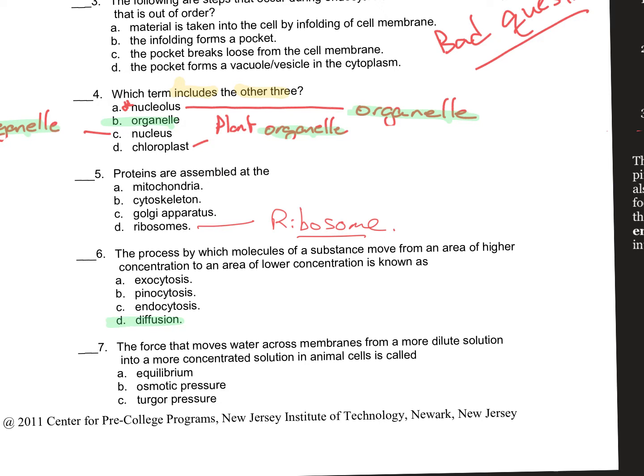You might ask, what about endocytosis, pinocytosis, and exocytosis? Well, one of these is moving stuff out of the cell, one is moving water and liquids in large amounts, and one is moving particles in.